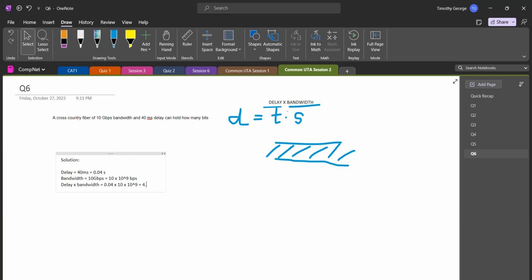That is going to be 4 times 10 to the power 7. So it's 4 times 10 to the power 7 bits. That's it. Short solution to a short question.